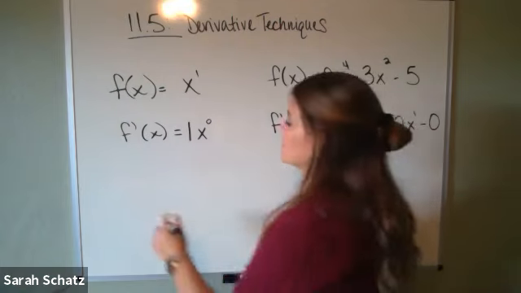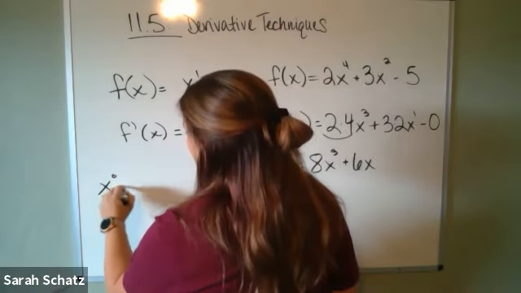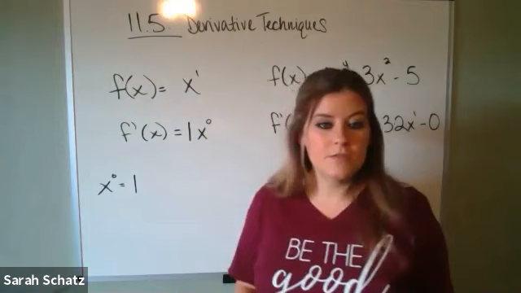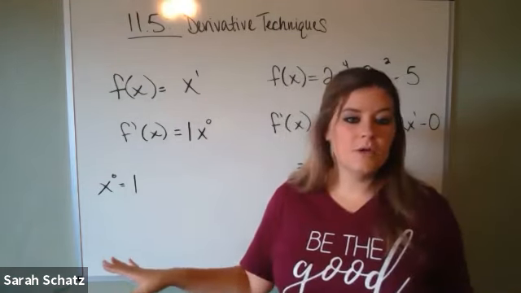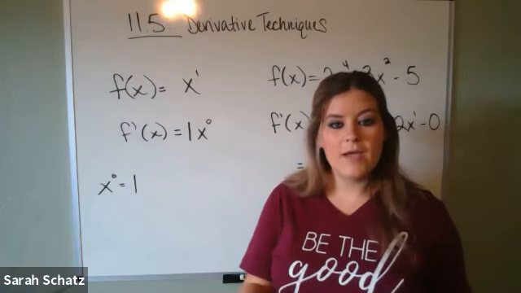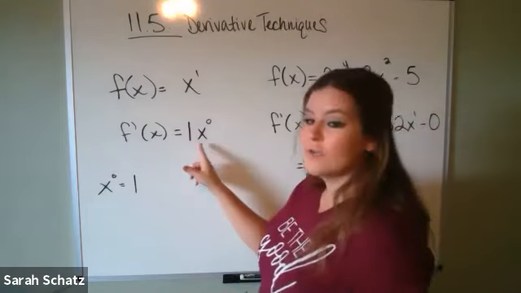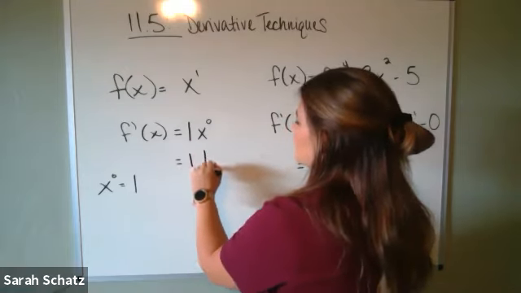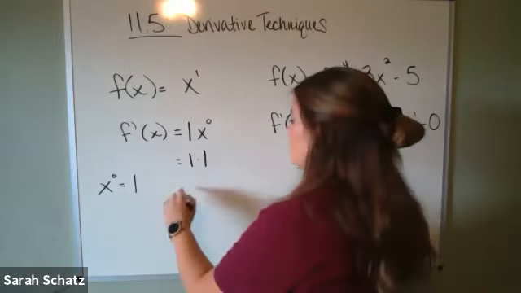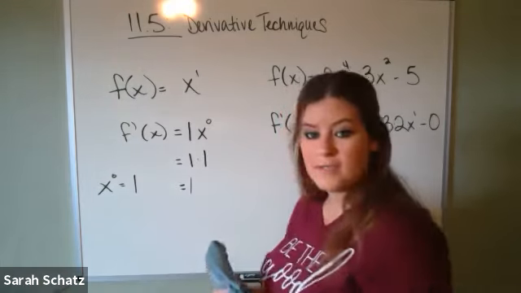You guys, x to the 0 equals 1. Anything to the 0 power equals 1, not just x. It could be anything you want. If you raise something to the 0 power, it equals 1. So when I'm reading this 1 times x to the 0, it's really just 1 times 1. And you just get a constant.